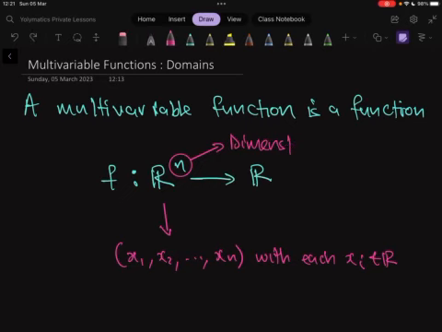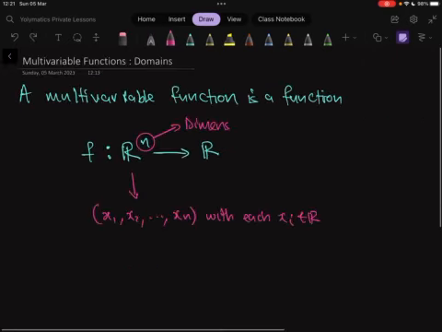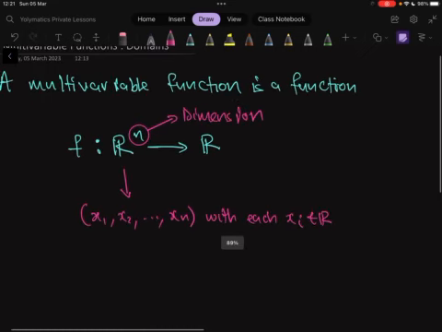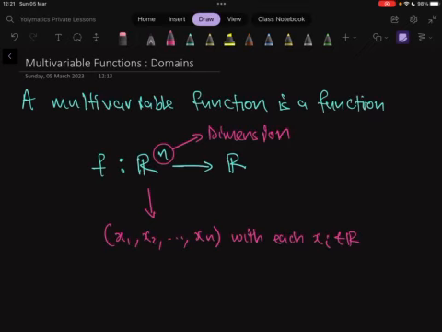If we have a function which takes an n-tuple, with n coordinates, then we say this is an n-dimensional function. So we refer to that n as the dimension of the function.